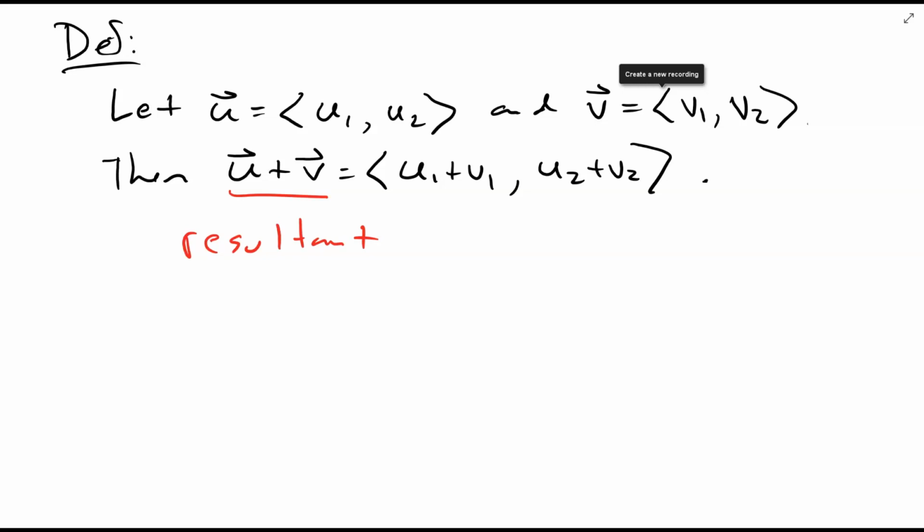Let's talk about what it means if we've described our vector as a magnitude and direction, and show you why this component form makes life a little bit easier. So let's say that here's my vector u, and this will be my vector v.